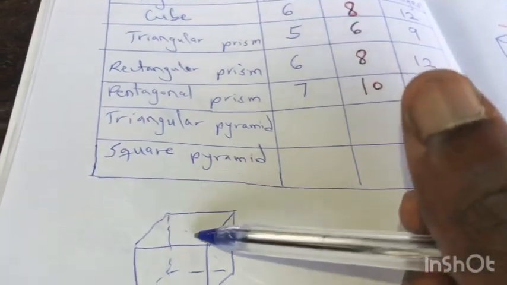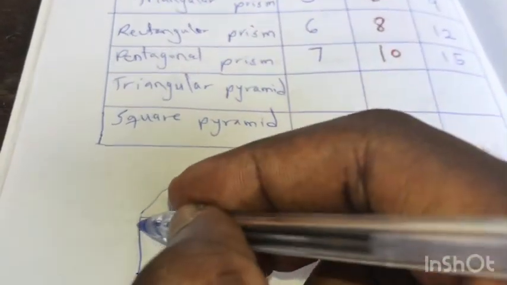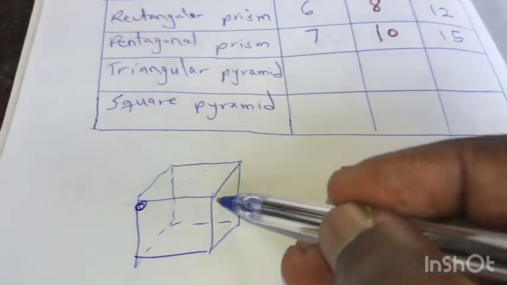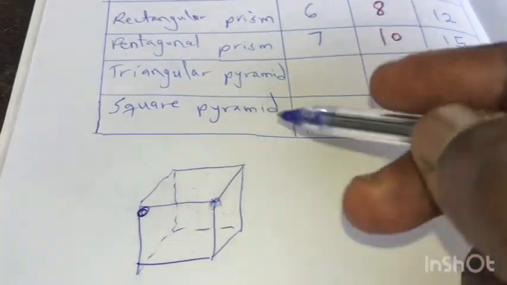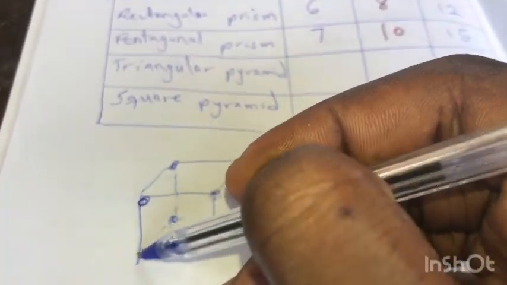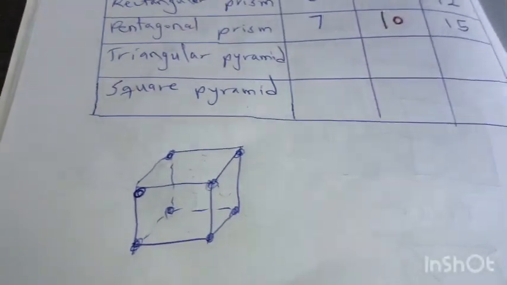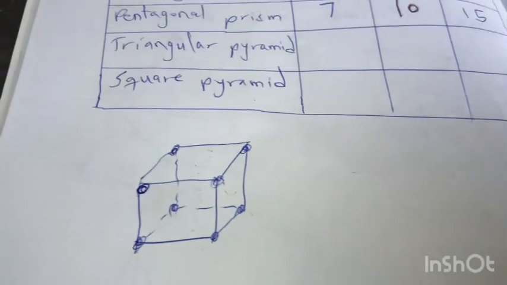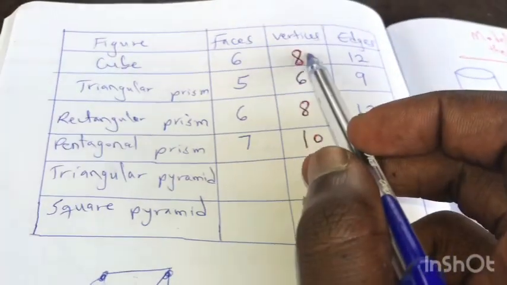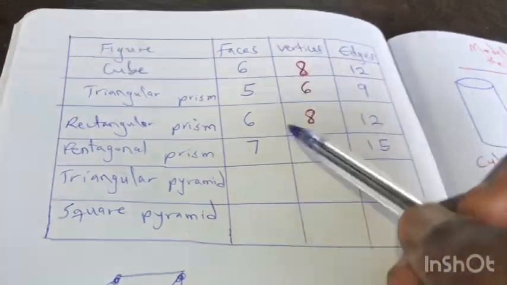Then the vertices are the corners. The vertices of this one: 1, are you seeing where the edges meet? 2, 3, 4, 5, 6, 7, 8. Are you seeing the corners? So how many vertices does the cube have? You can see it here, 8. Then the edges are the lines.